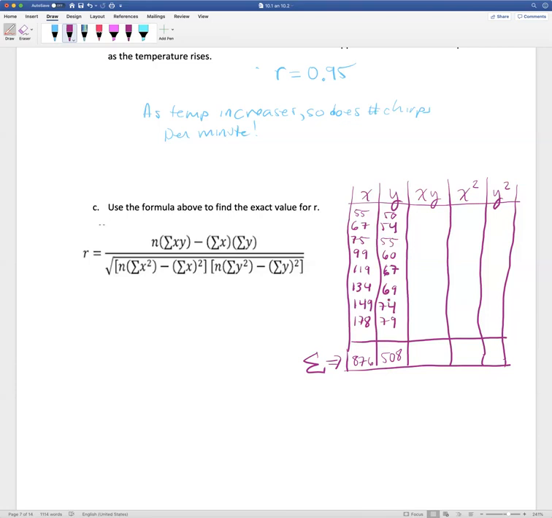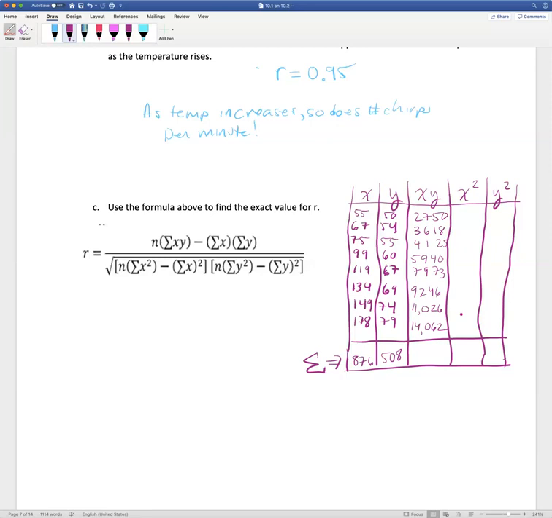So 55 times 50 gives us 2,750. 67 times 54, 3,618. 75 times 55, 4,125. 99 times 60, 5,940. 119 times 67, 7,973. 134 times 69, 9,246. 149 times 74, 11,026. And then 178 times 79, 14,062.